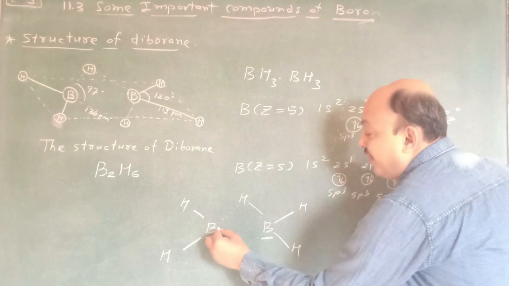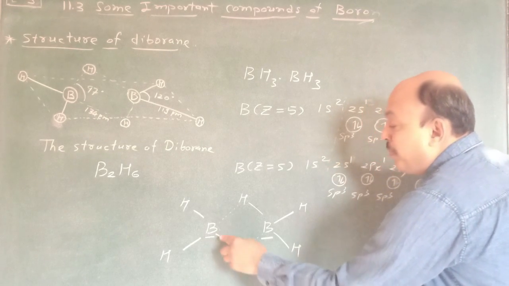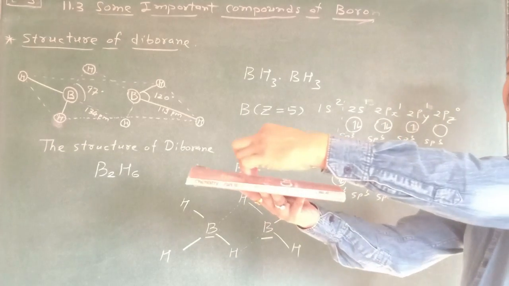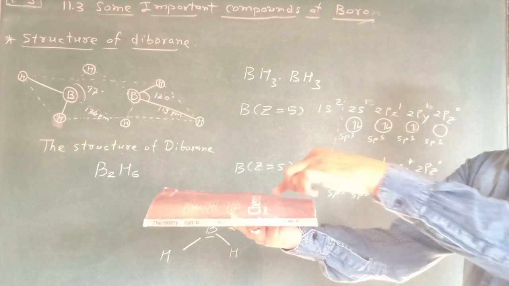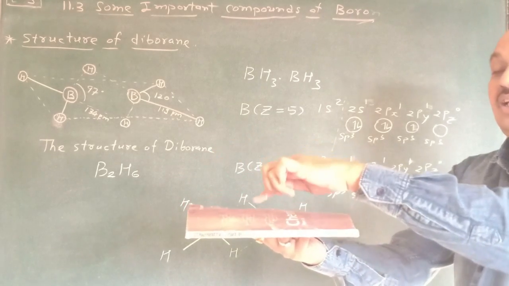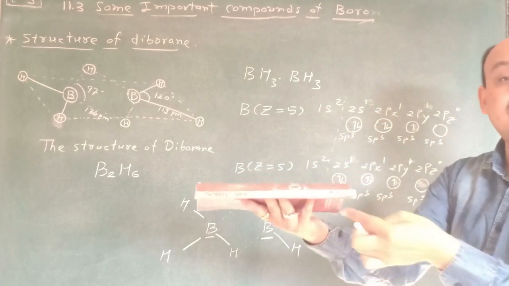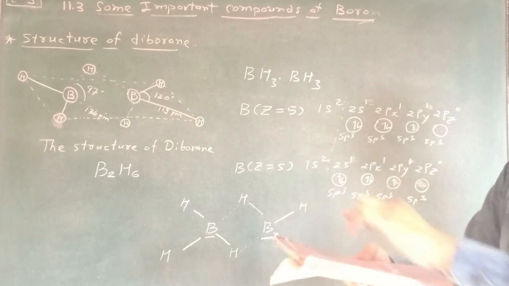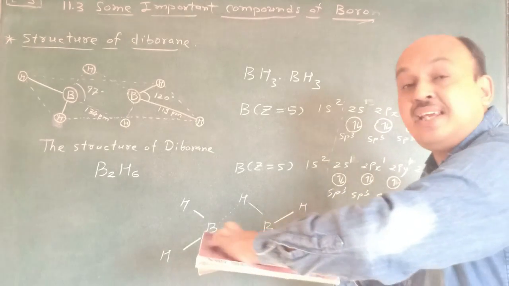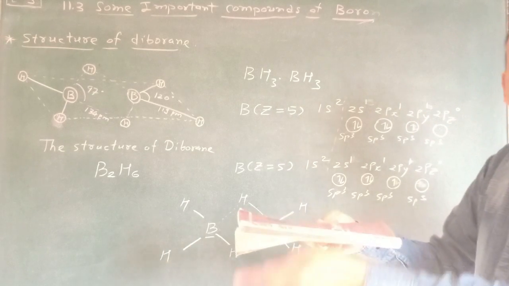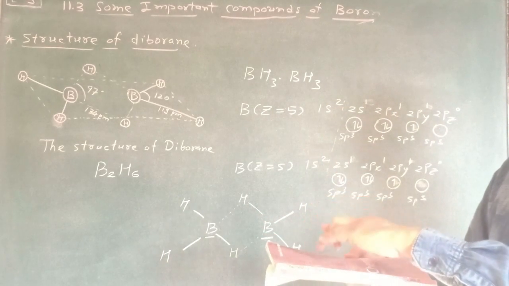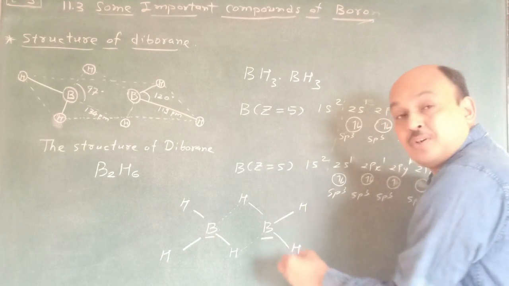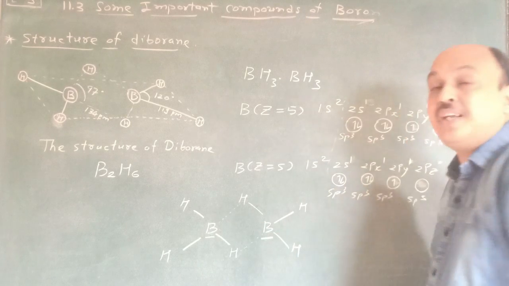Due to that, a bridge is obtained just like this. Suppose here boron is there, here boron is there, hydrogen, hydrogen, hydrogen, hydrogen, and a hydrogen above and a hydrogen below. In the NCERT textbook it is written that 4 hydrogens and 2 boron atoms lie in the same plane, and the bridge hydrogens are in the upper and lower side of this plane, perpendicular to the plane, and that's why the bridge is obtained.